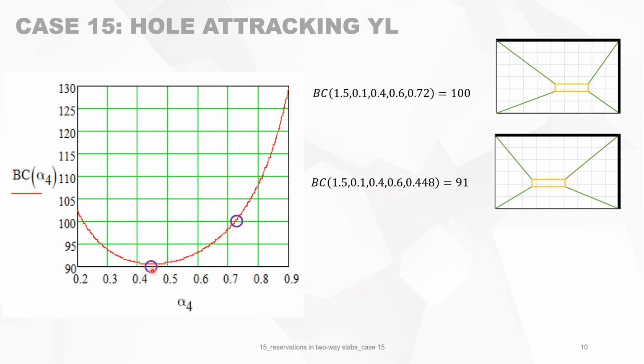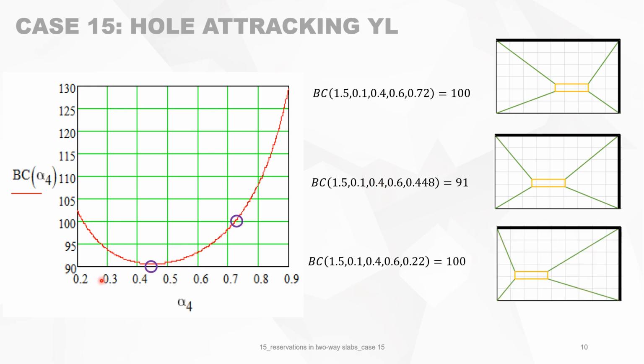And you see what's happening. And then the other point is 0.22. So it's something like there. Yeah. So here, the bearing capacity is 100%, 10%, 90%, 100%. So you see that by moving this reservation in the slab, by making a proper choice, you can minimize the influence on the bearing capacity of the slab.